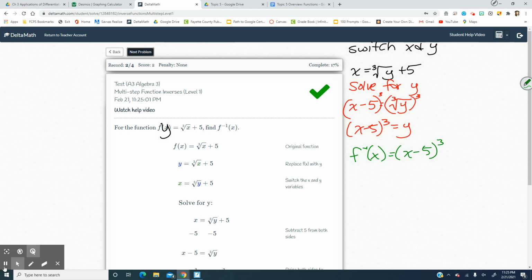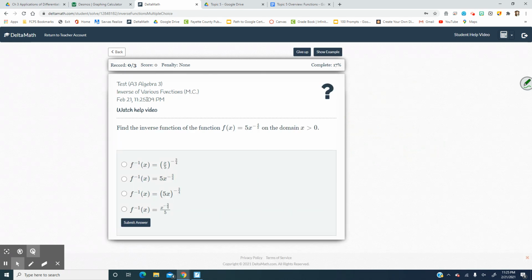Awesome. Now here in the second section, we have a couple of various functions. It is multiple choice, but I'll still follow the same steps. So replace this with a y, and then replace f of x with y, switch the x and the y, so that now I have x equals 5y to the negative 4/3.